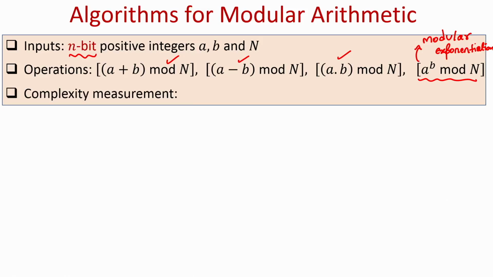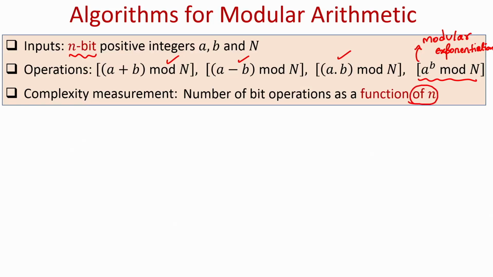Okay. Now, what will be the complexity measurement? How exactly do we judge whether the algorithm that we design for performing these modular arithmetic operations is efficient or not? Our complexity measurement will be how many operations we are performing as a function of the number of bits that we need to represent the integer values a, b and n.